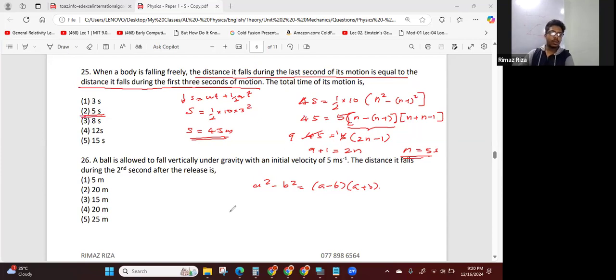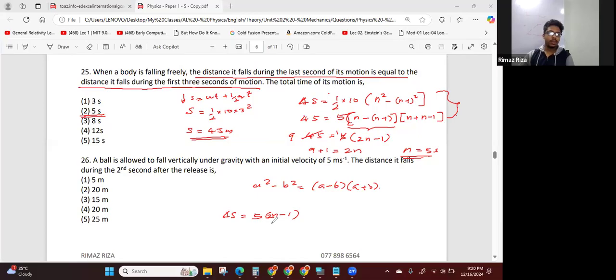And indeed we wrote in the theory that the distance covered during the last second is given by 5 times 2n minus 1. So if you can remember this, you don't need to write these steps.